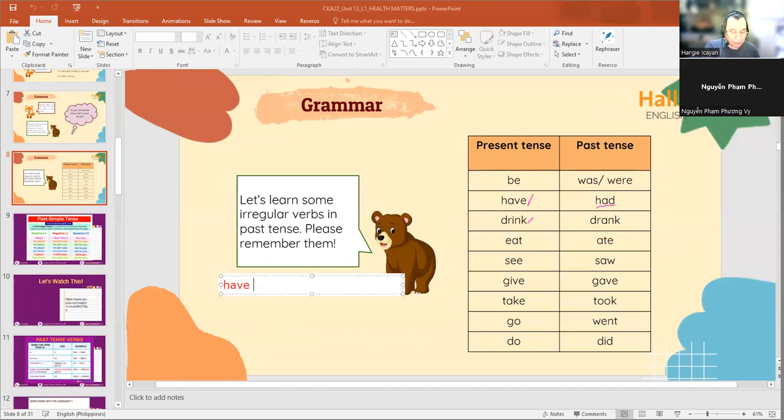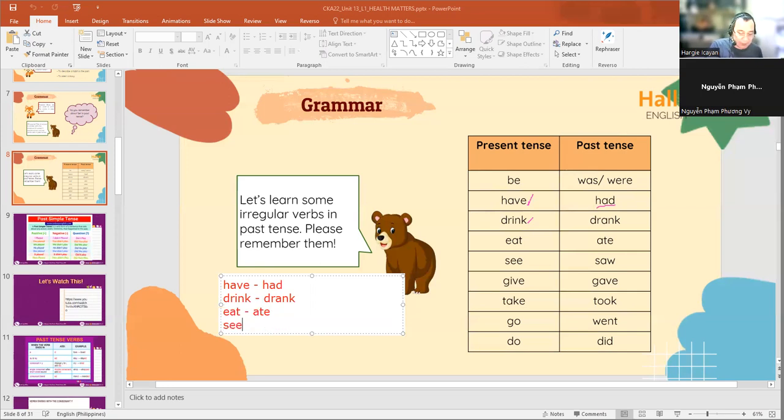Drink becomes drunk. Okay, what about eat? What's the past tense of eat? It's ate, right? Remember that, B, huh?